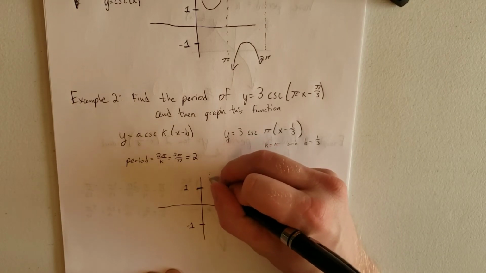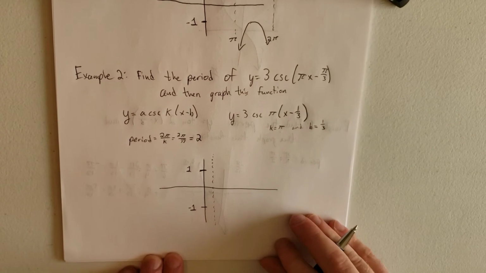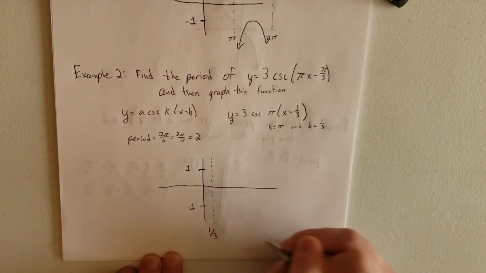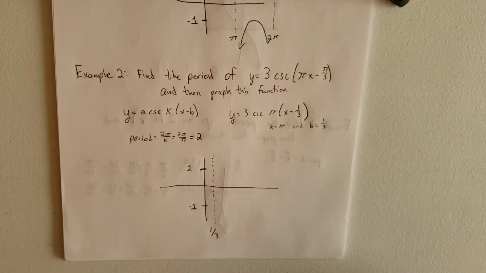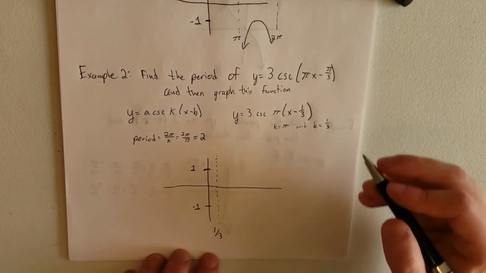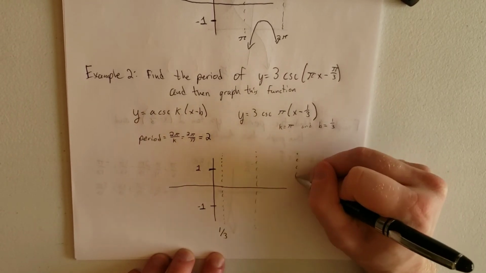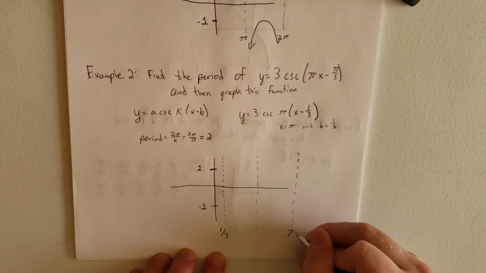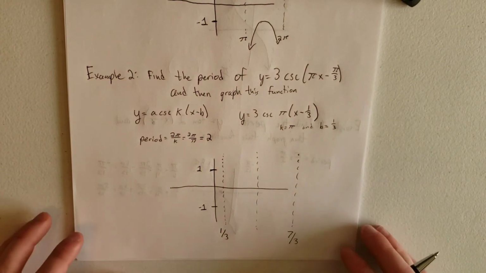So normally our vertical asymptote starts at x equals 0. Here it's going to start at x equals 1/3. And our period is 2. So if we add 2 to 1/3, we get 7/3. So our one period will end at 7/3.